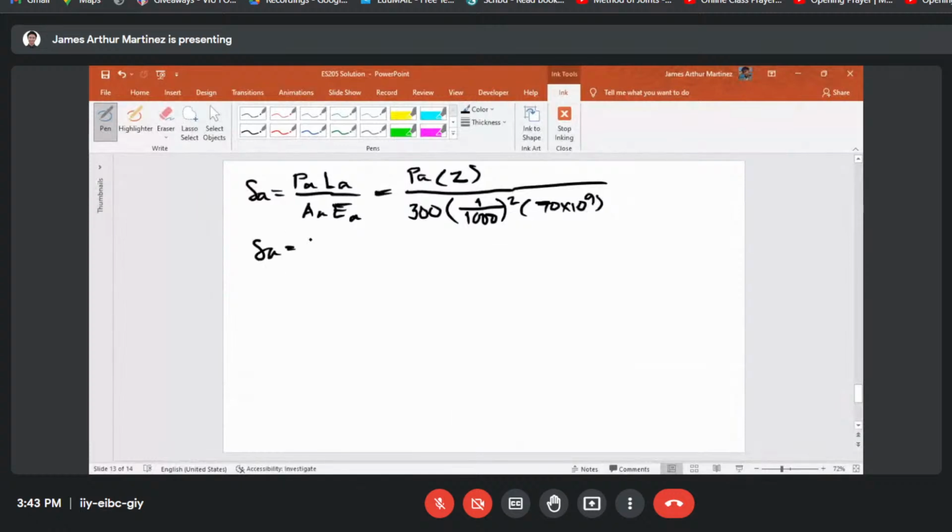Therefore, class, the deformation of your aluminum is equal to 2 over 300 times 1 over 1,000 squared times 70 times 10 to the power of 9.